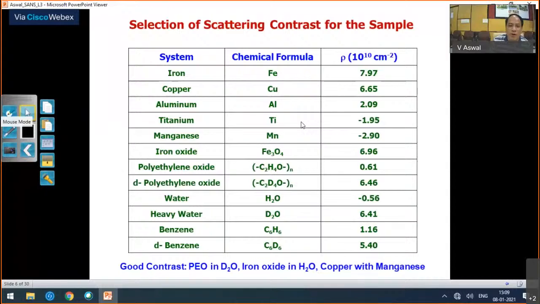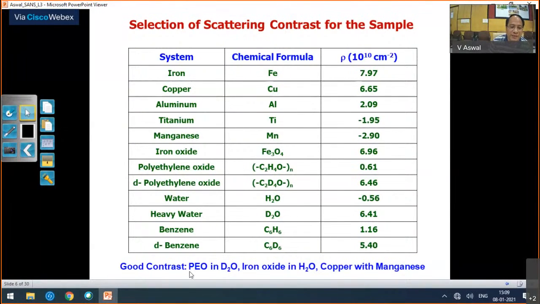And the next important thing is you should know what the right contrast is for your sample when you want to do small angle neutron scattering. And this is what I had shown yesterday, or in the last lecture: the scattering length density for some of the materials, the calculated scattering length density.